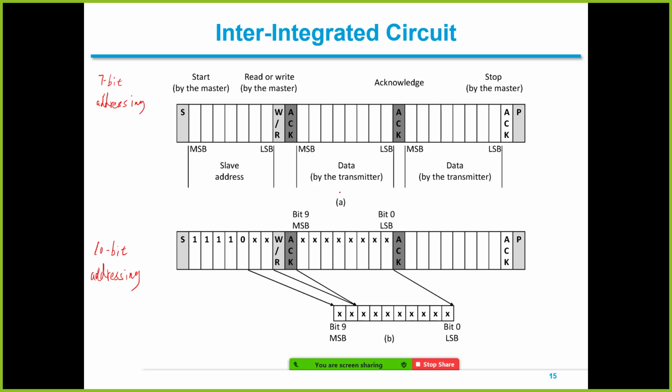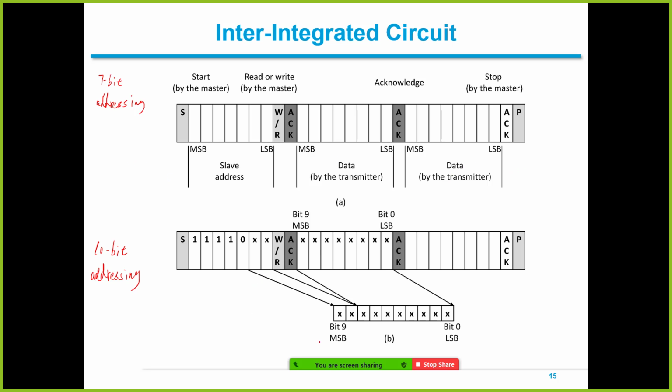Followed by another acknowledge bit to confirm the receiving of these bits of data, and then another piece of data. And after the acknowledge bit, there will be the last bit, that is the stop bit. And this is the 7-bit addressing mode.